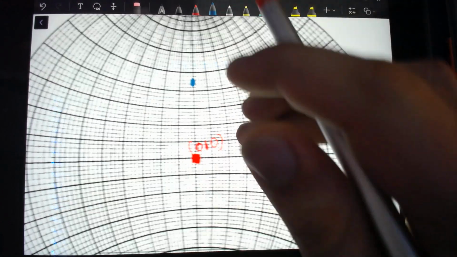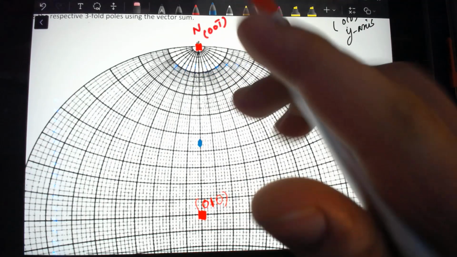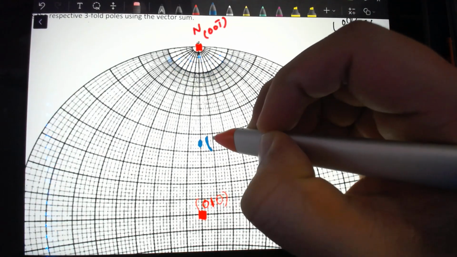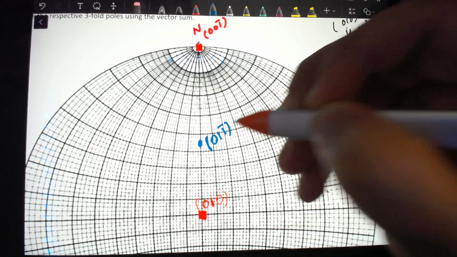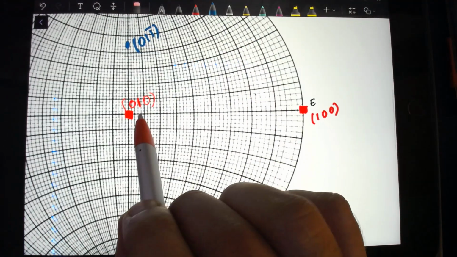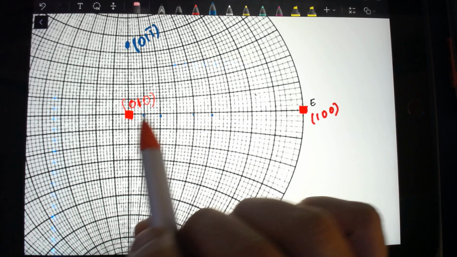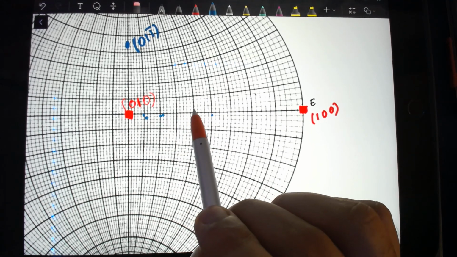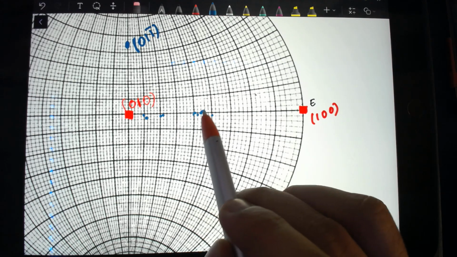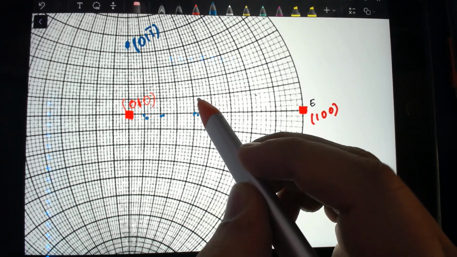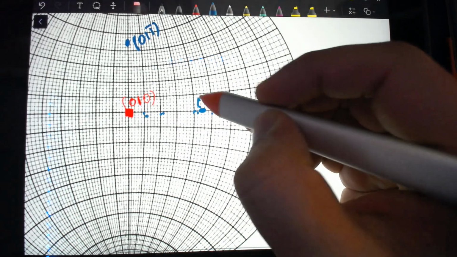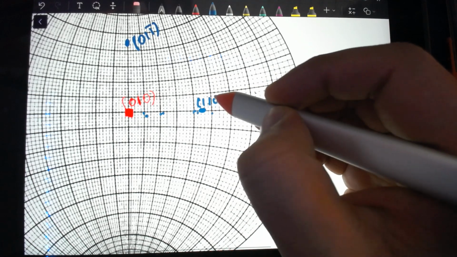This should be the vector summation of the north and the center, which gives us 0, 1, bar 1. And then the one on the right will be 10, 20, 30, 40, 42, 44, and then 45 right here. This will be the vector summation of the center and the east. That gives us 1, 1, 0.